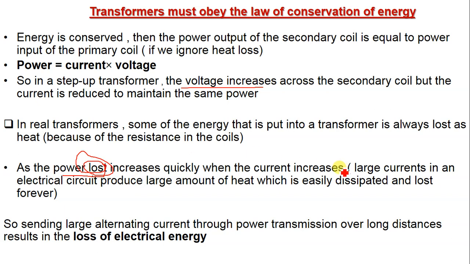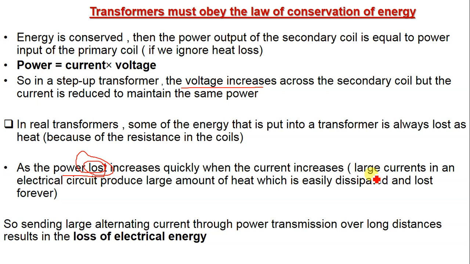You know, girls, that when a high amount of electrons or moving charges move in the wire, these charges are going to make collisions with the particles of the wire, causing heat.